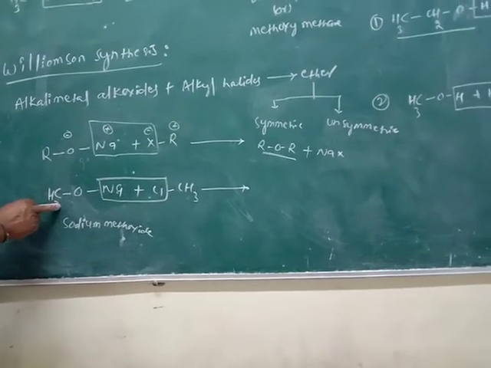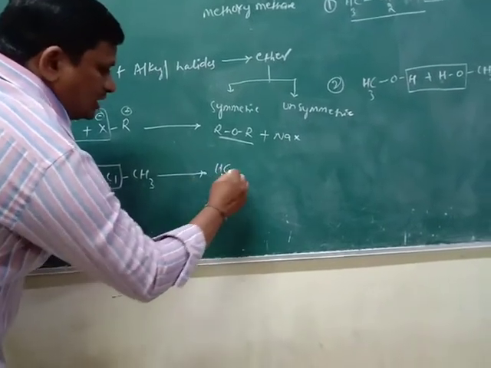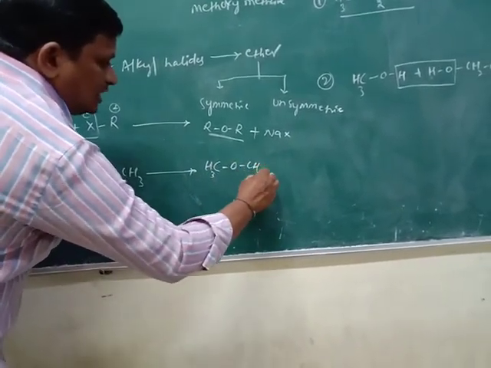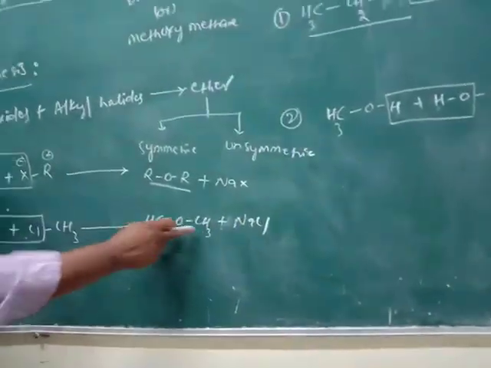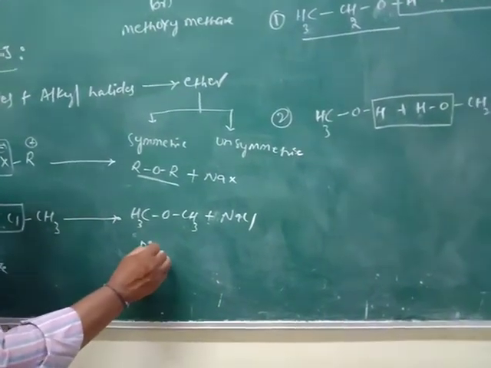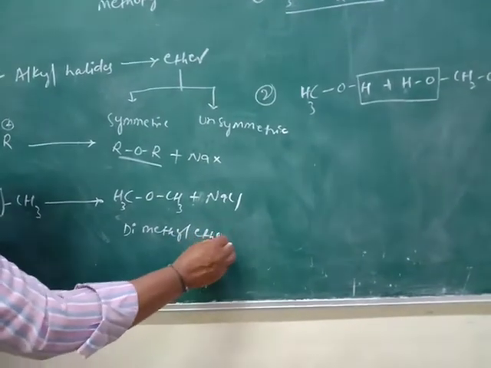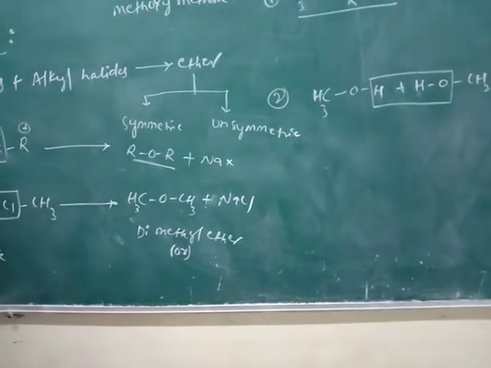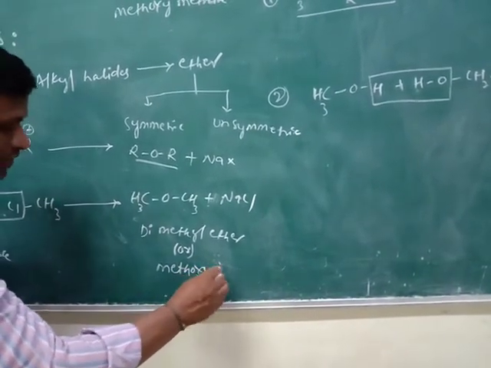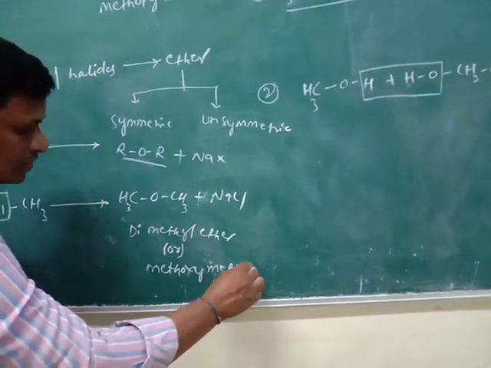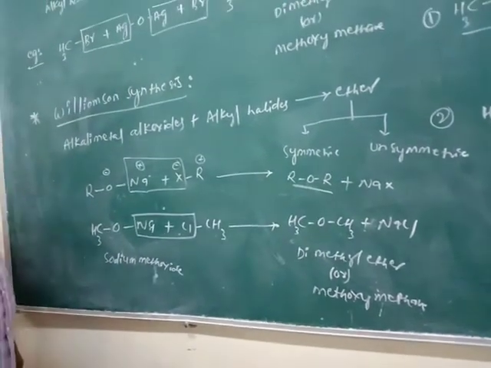The remaining compound is methyl with oxygen and methyl, CH3-O-CH3 plus NaCl. It is dimethyl ether, or its IUPAC name is methoxymethane. This is the preparation of ethers by the Williamson synthesis process.